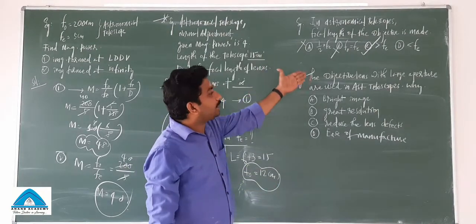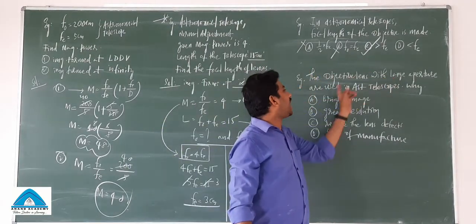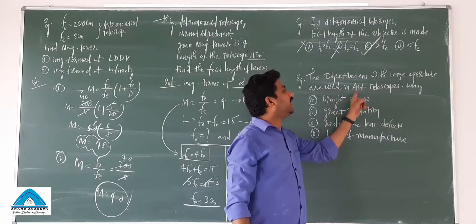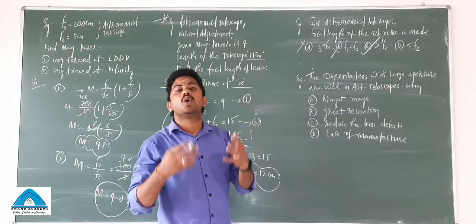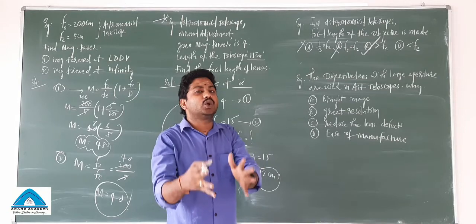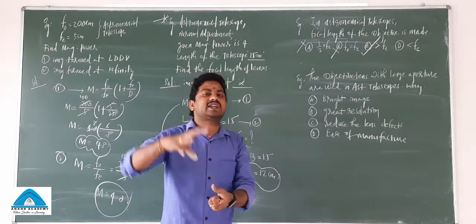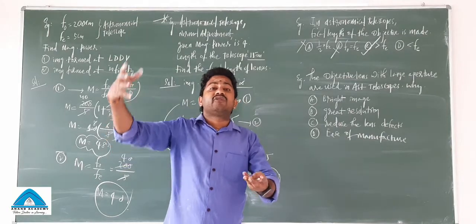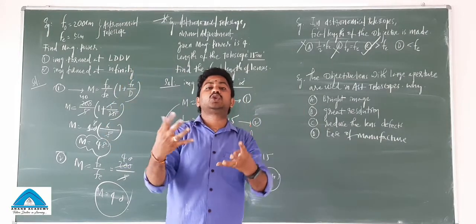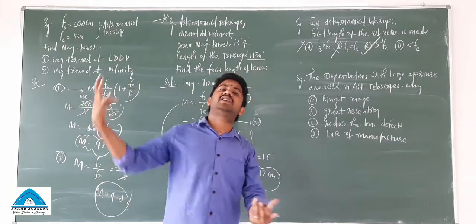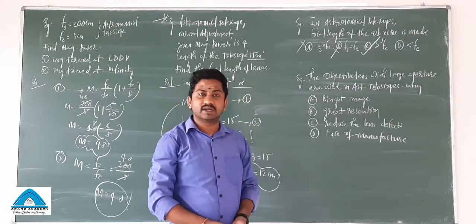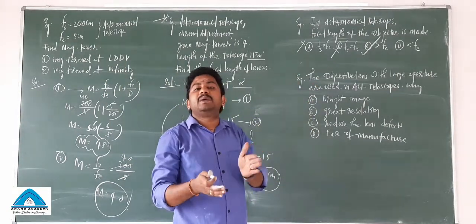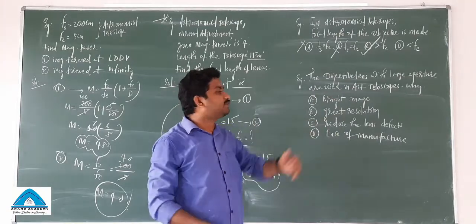Now, objective lenses with large aperture are used in astronomical telescopes. Why? I told you already, objects are kept at infinity. So, to incident more number of light rays on the objective lens, we keep a large aperture of the objective lens.